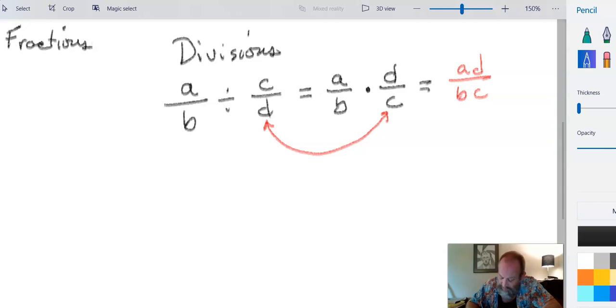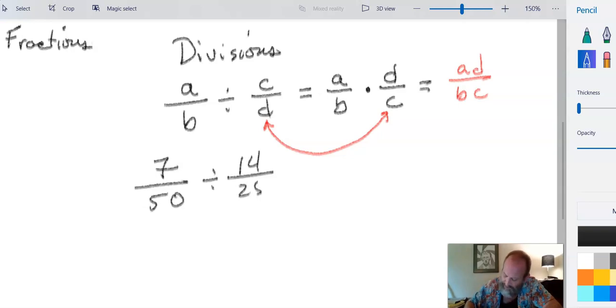So yeah, if I have something like, I don't know, 7 over 50 divided by, let's say, 14 over 25, my immediate strategy, and by the way, there are other ways to do this, but this is the typical one, is to flip the second fraction.